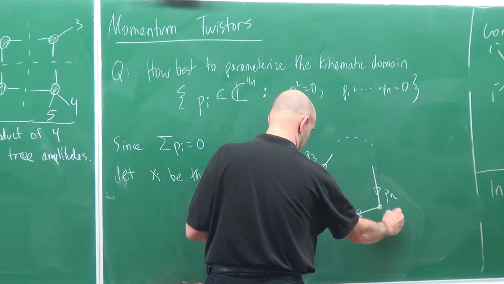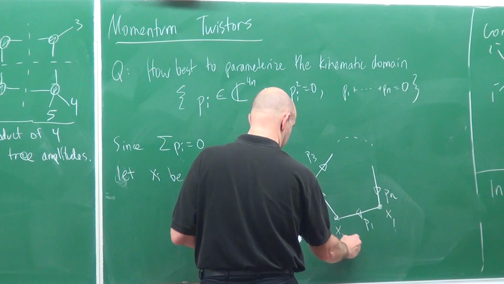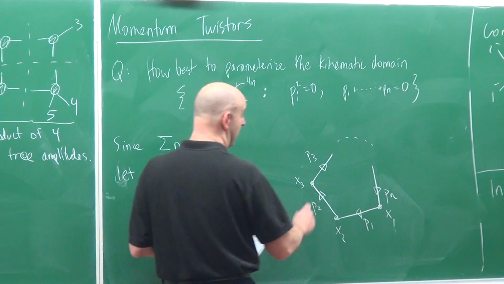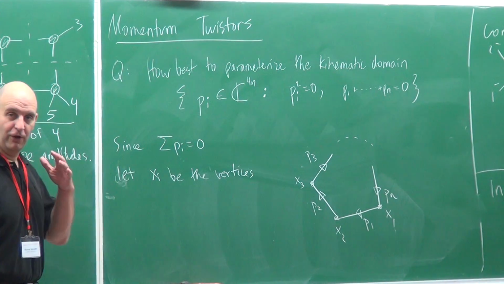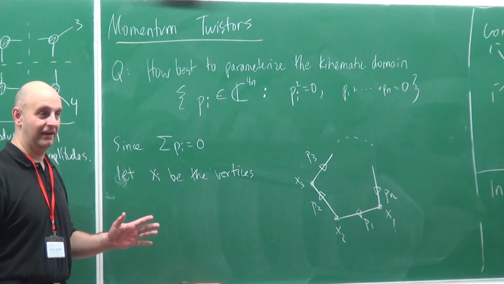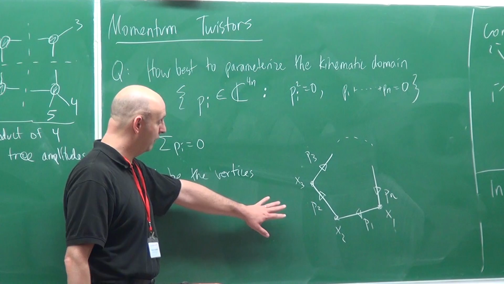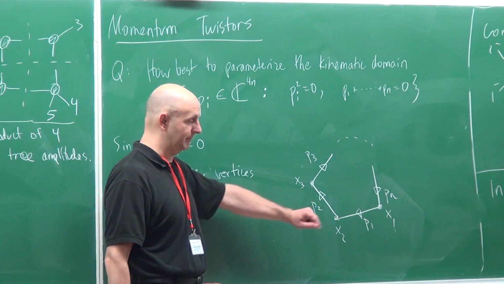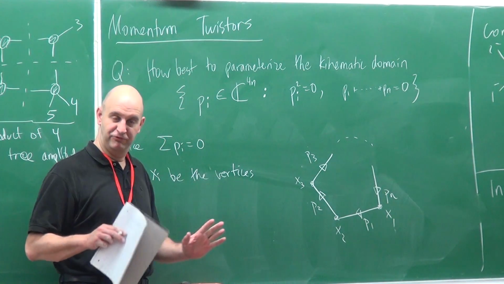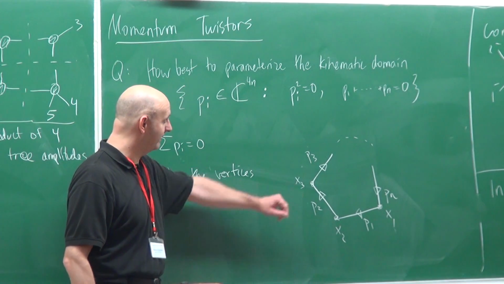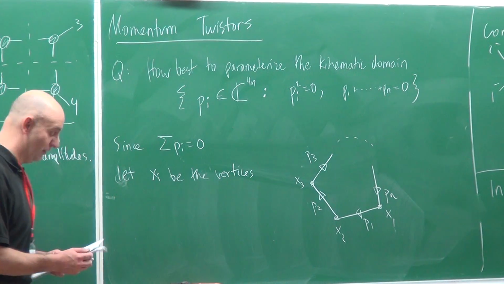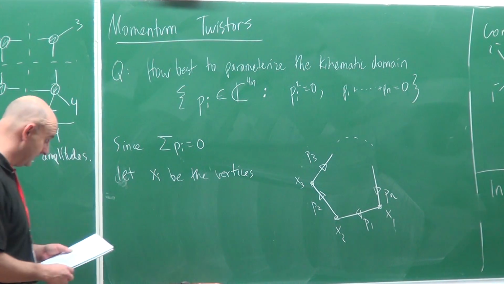So this will be x1, x2, x3. Now, of course, there's an overall translational degree of freedom because there's nothing yet that specifies where the origin should be in this x space. So just pick some origin for the moment and then define all your x's in this way.